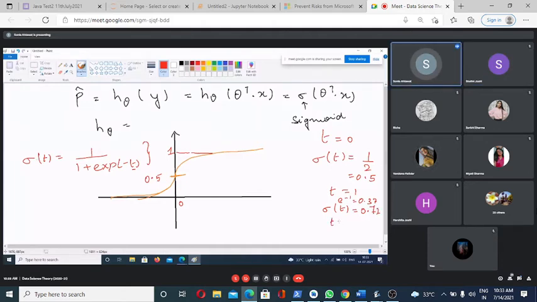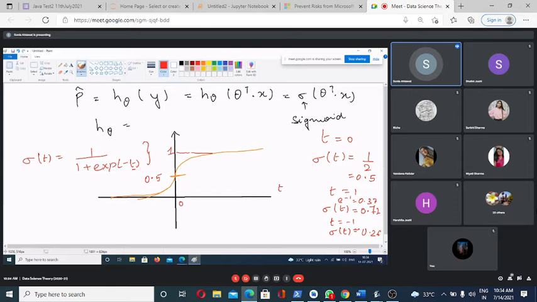If I'll say t equal to minus 1, then sigma t is coming out to be 0.26.